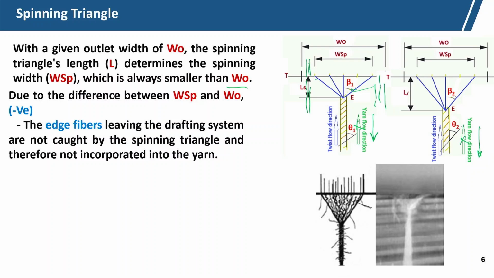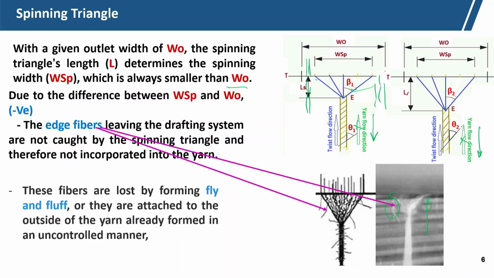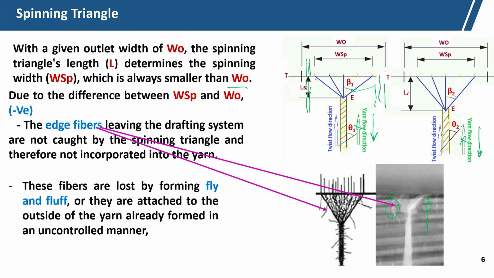So, you can see here that these edge fibers directly come out and go as fly. So, the difference between W0 and WSP should not be too high. Okay, the edge fibers are there. These fibers are lost as fly and flap.